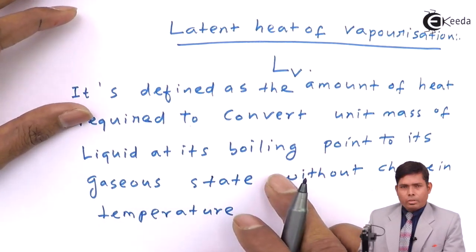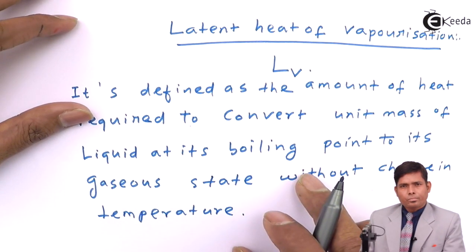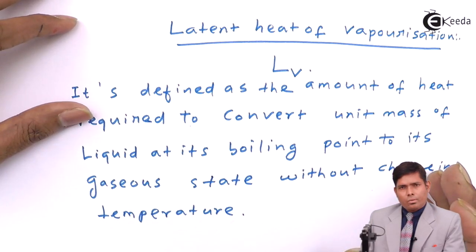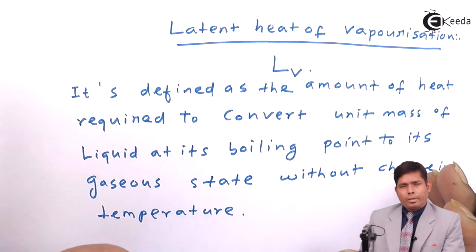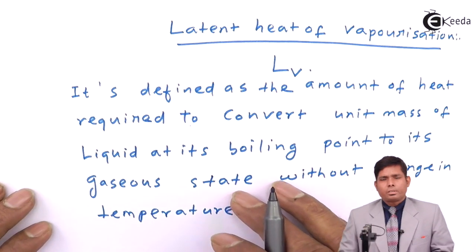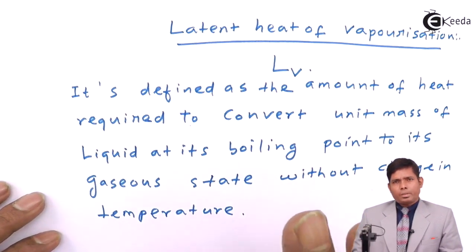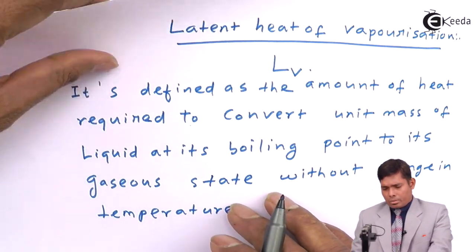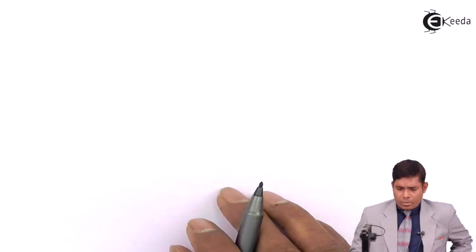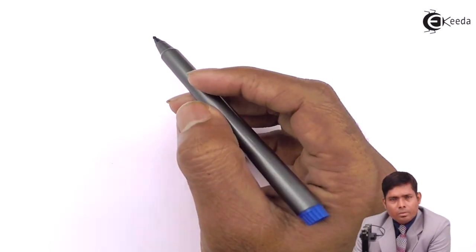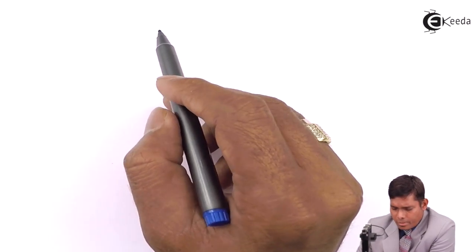So to convert unit mass of liquid to its gaseous form, and that happens when boiling point reaches the liquid, and temperature will remain same throughout this. So now, just like in case of solid, we'll discuss about latent heat of vaporization.